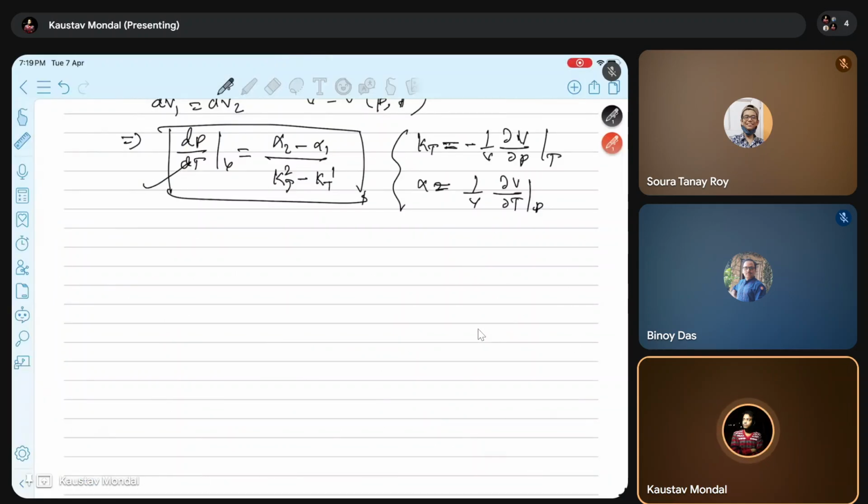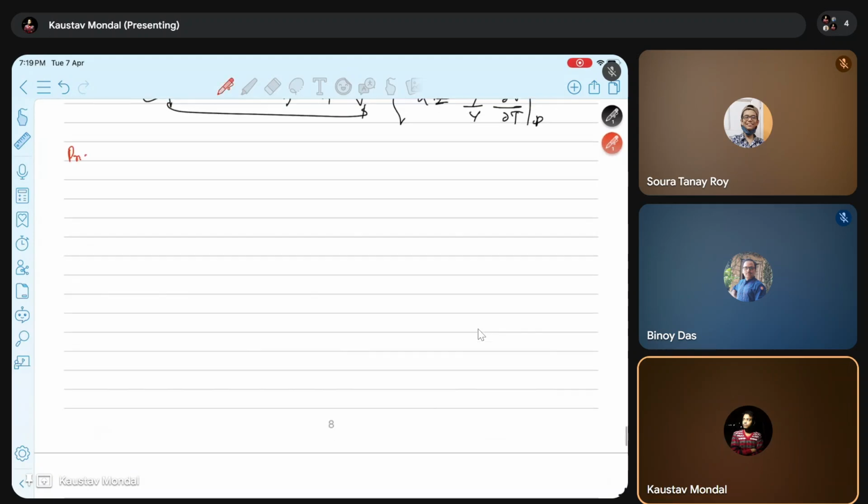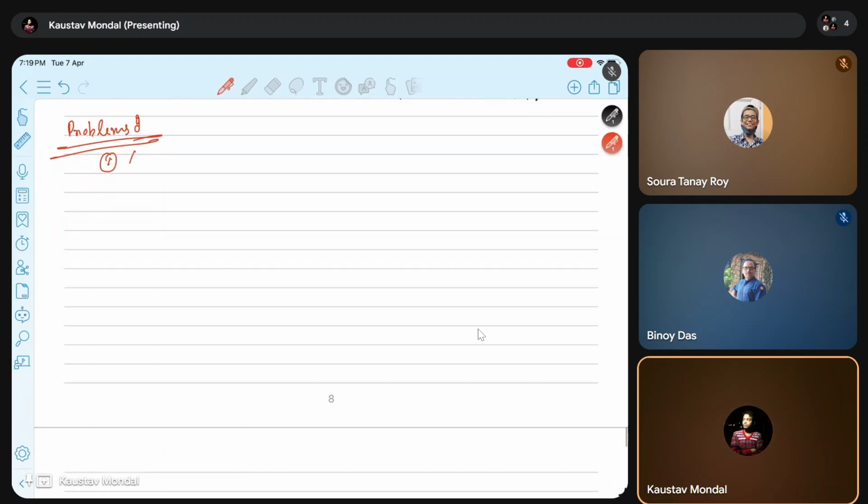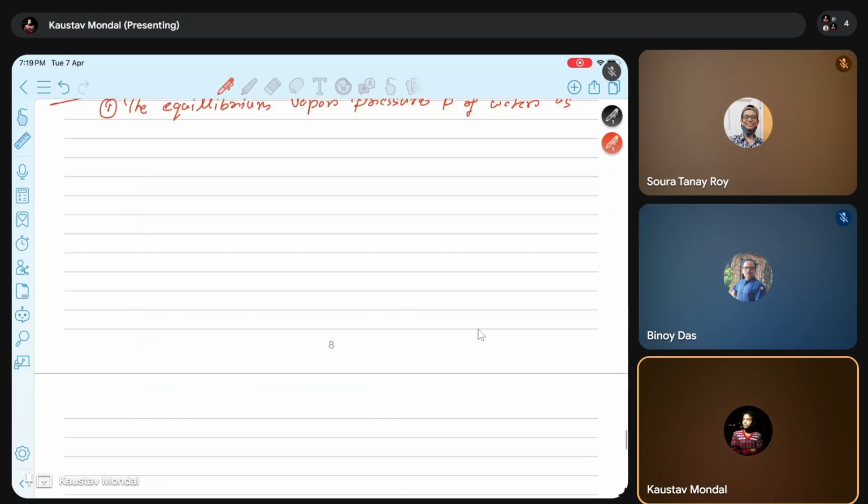Okay, now let's do some problems. Problem one: the equilibrium vapor pressure P of water as a function of temperature is given.